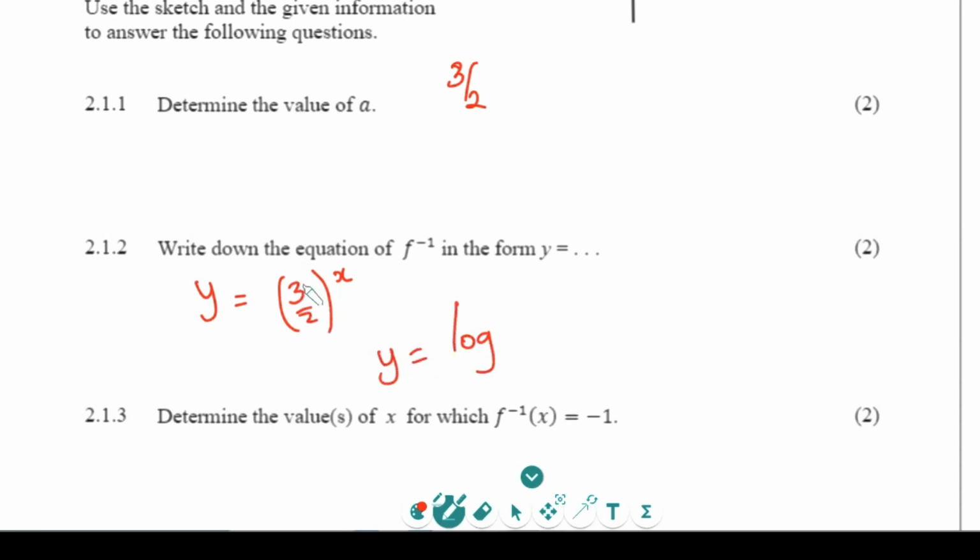The 3 over 2 in exponential form is the base, and it has to be carried over to be the same base within the log form. So that is 3 over 2. Then all you do is switch the x and the y. So this becomes the equation of the inverse.